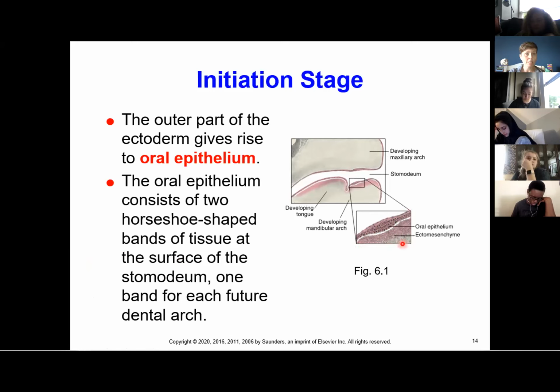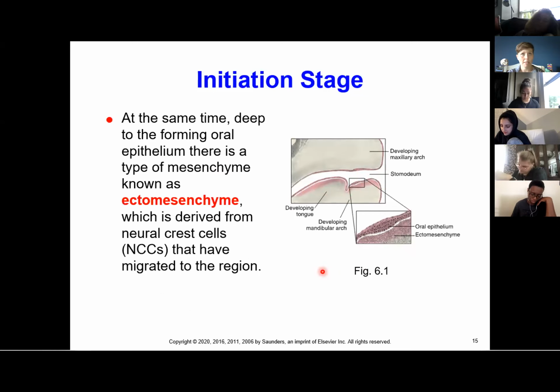The oral epithelium consists of 2 horseshoe-shaped bands of tissue at the surface of the stomodeum, 1 band for each future dental arch. So here is your band, and then here is your band. This is where your teeth are going to be developing, right? So the ectoderm, the outer part, gives rise to the oral epithelium.